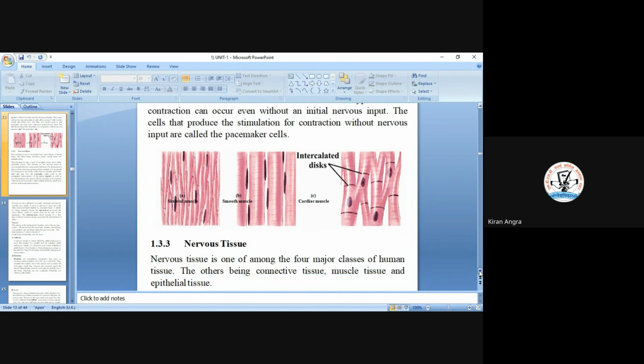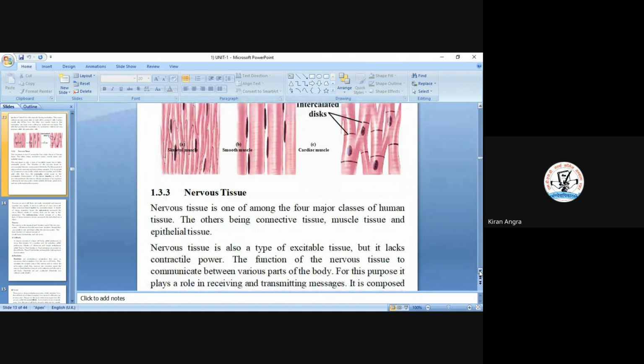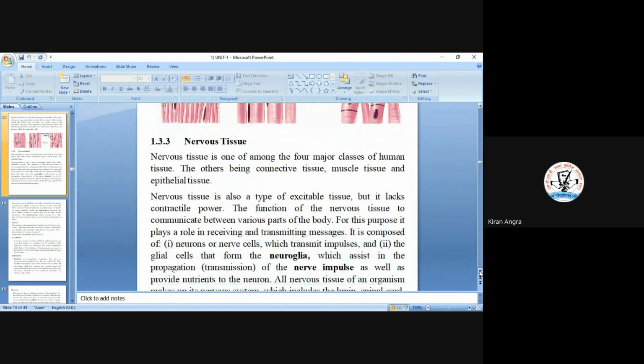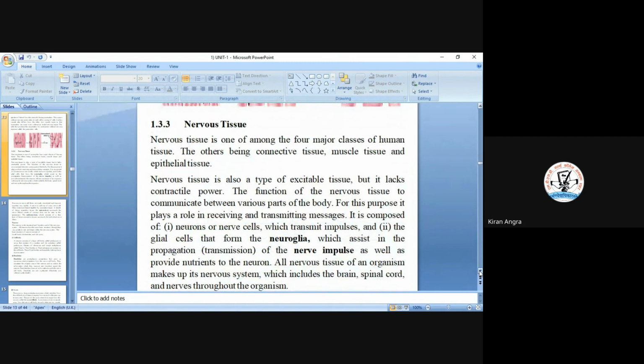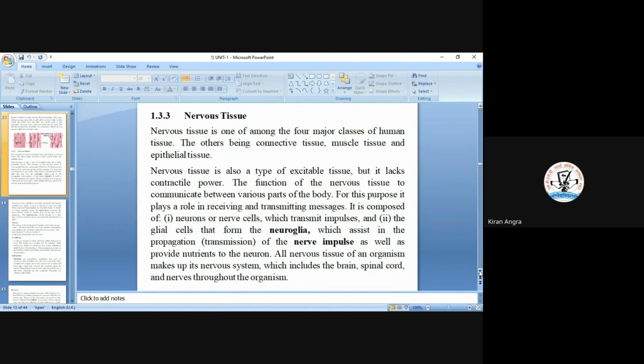Let's do the third type of tissue, which is the nervous tissue. Nervous tissue is also an excitable tissue, but it lacks contractile power. You have just learned that muscular tissue has contractile power, but nervous tissue lacks it.